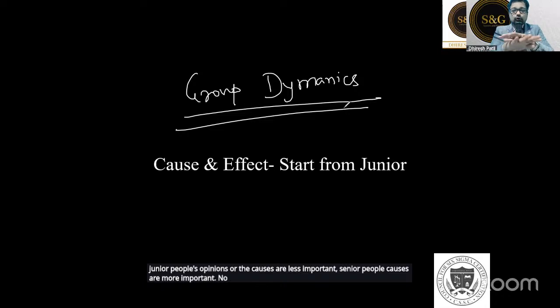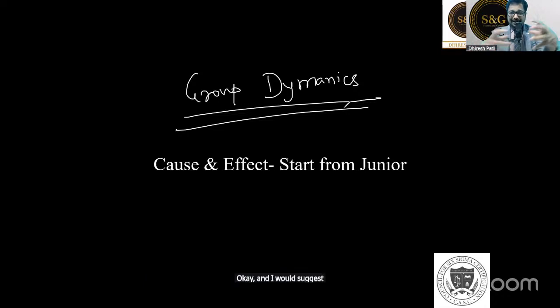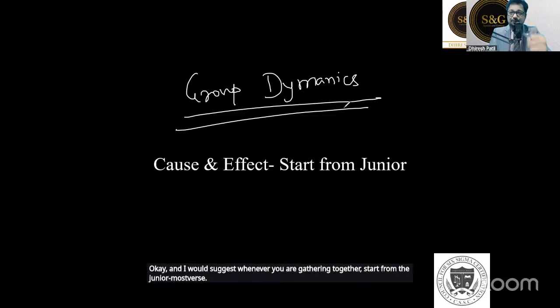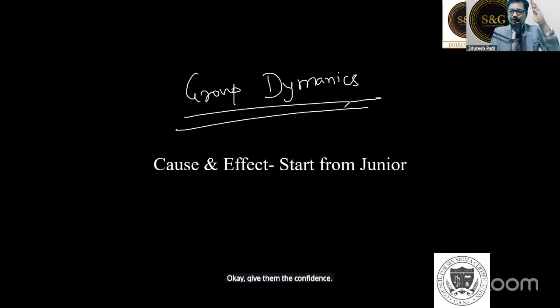No, we should have no bias like this. Okay. And I would suggest whenever you are gathering together, start from the junior most person. Okay. Give them the confidence and tell them whatever you feel, put it on the board or disclose it, display it, and explain what your causes are.